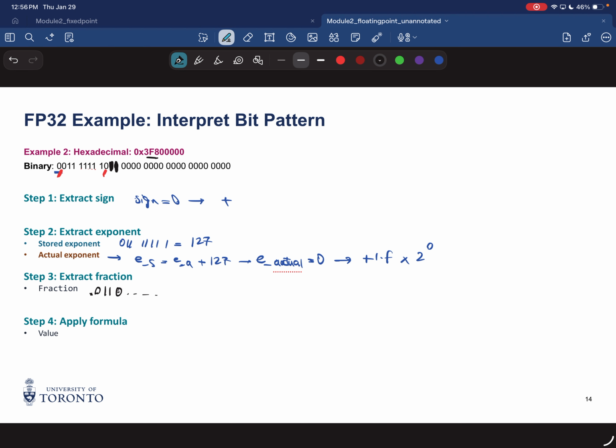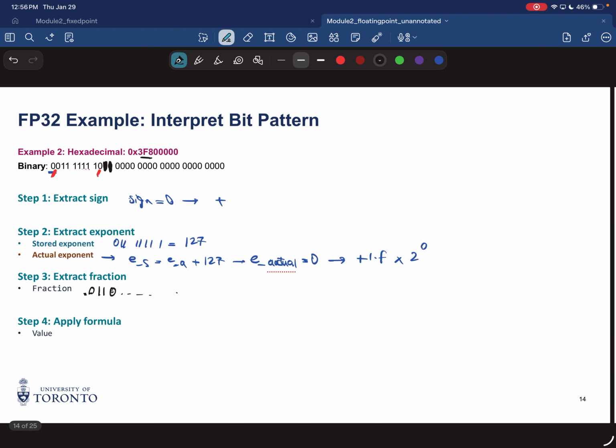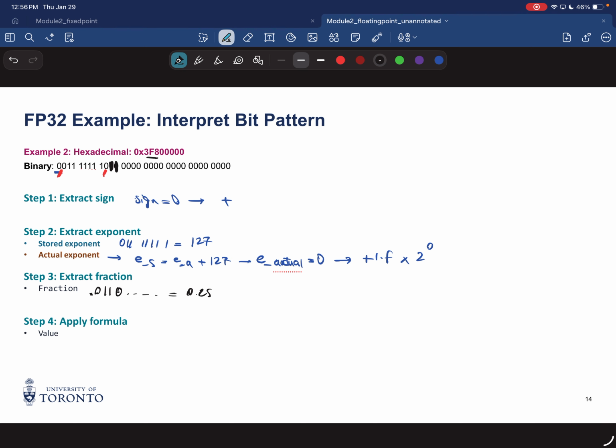This is 0.25 plus 0.125, so it's 0.375. So what did we get? The value is going to be plus 1 point fraction, which is 375, times 2 to the power of 0. So that's 1.375.